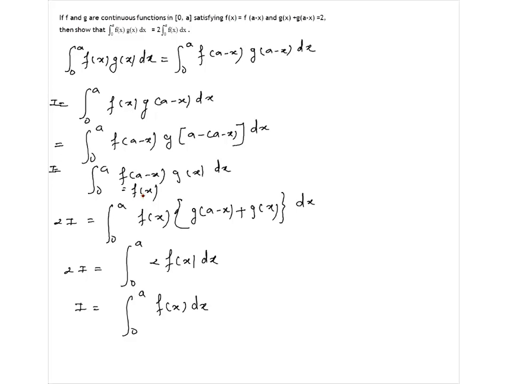Those who are getting 2, can you recheck your working? Okay, now somebody was getting 2.